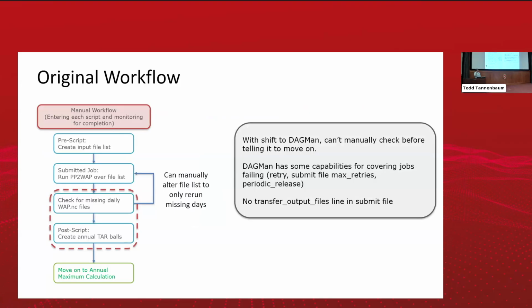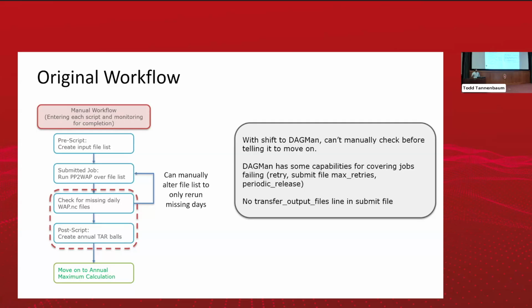We submit the job. Then when all the jobs are done, it checks for the missing daily files, and can then regenerate the list and resubmit the job with just the missing files, which saves you time from having to repeat everything. And then once we have all the files, we go through our post-processing and move on to the next step.